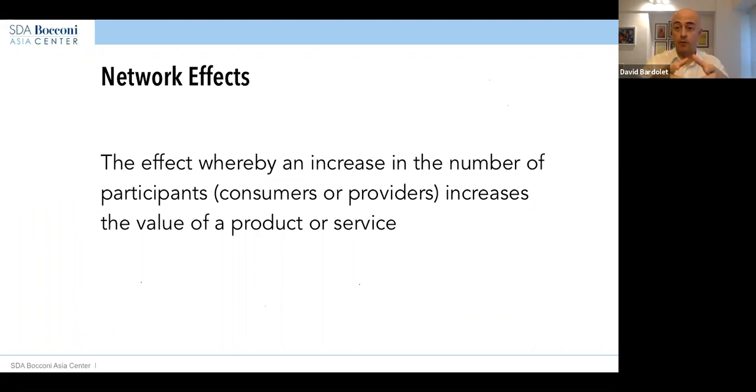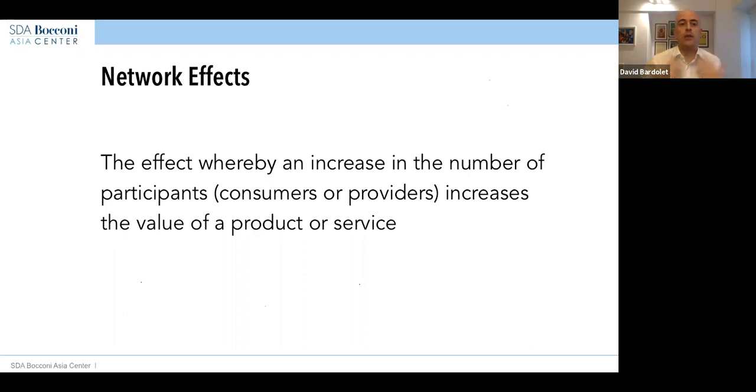The same platform with 1,000 buyers and 1,000 sellers has a lot of transactions, because the buyers eventually will find what they're looking for in one of the sellers. That's a network effect. The size of the platform determines the value of the platform. The more people in there, the more valuable it is for the people in there.